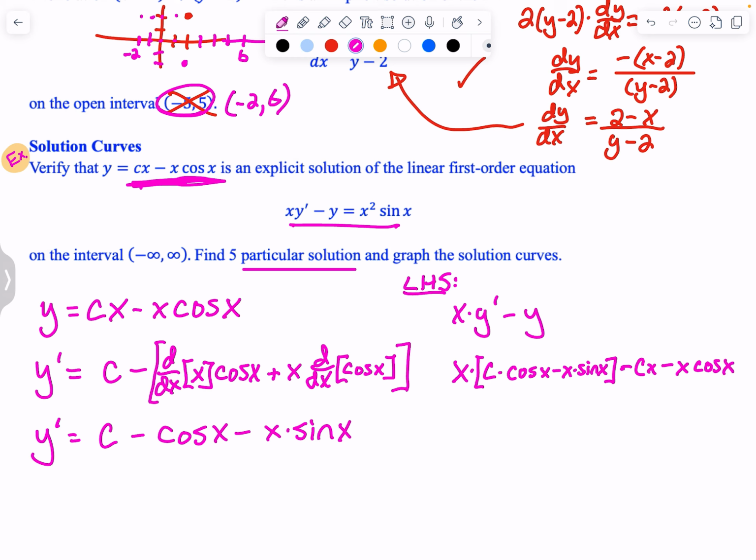If I distribute, okay, I get cx cosine x minus x squared sine x, and then minus cx minus x cosine x, right? All right, I don't see what's going to go away.